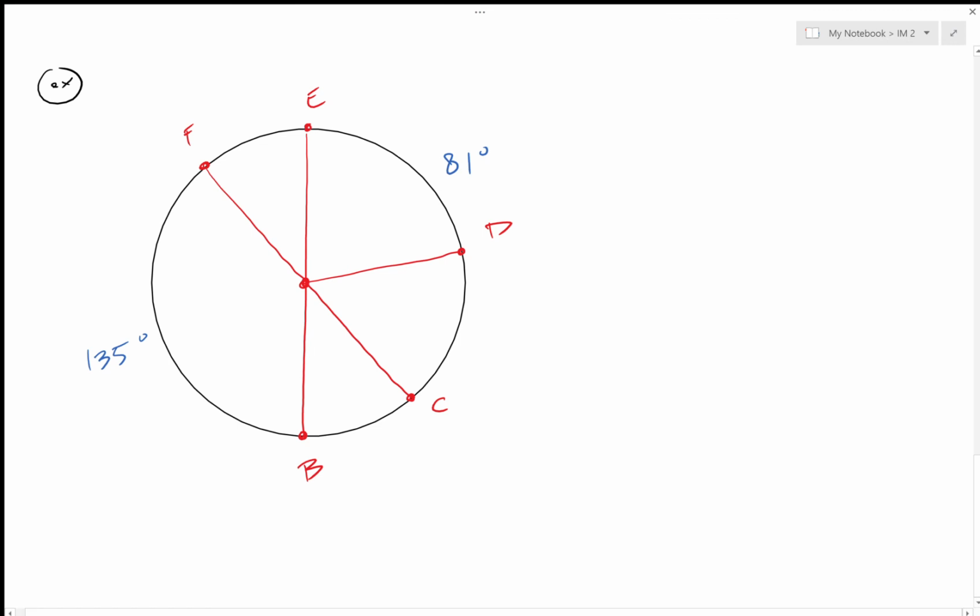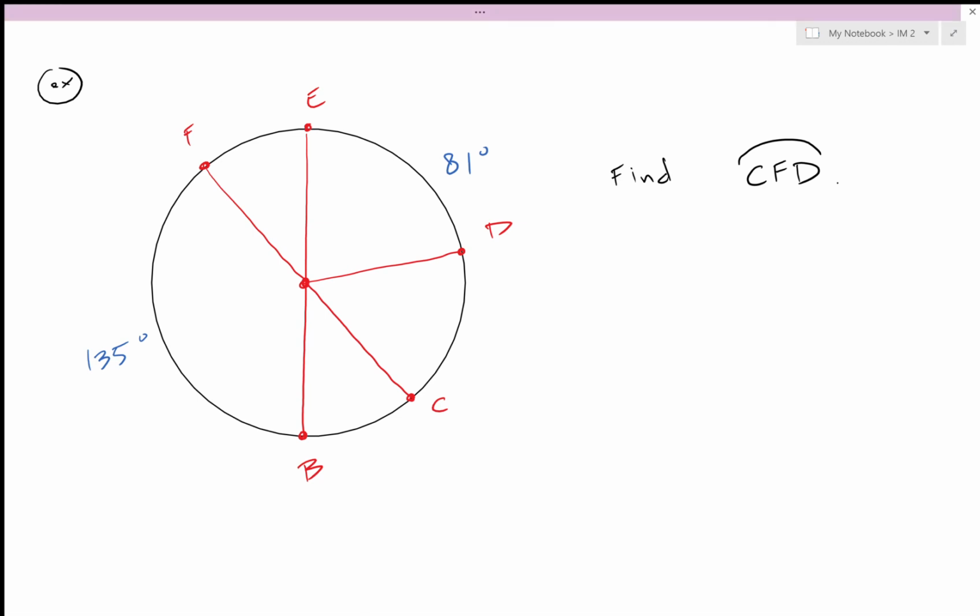And now let's take a look at the question or the instructions here. It'll say find CFD arc. So they want us to find out what arc CFD is. So the arc is the outside. If it said angle, that'd be the inside, but we want the outside.